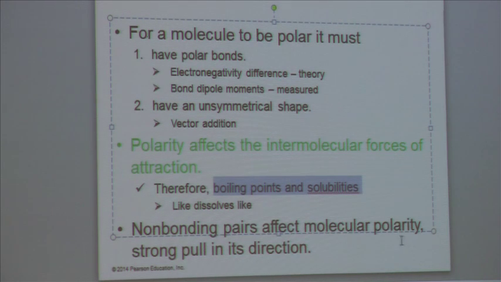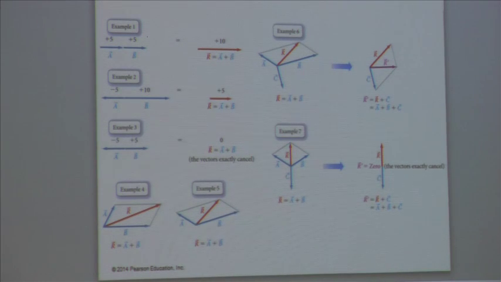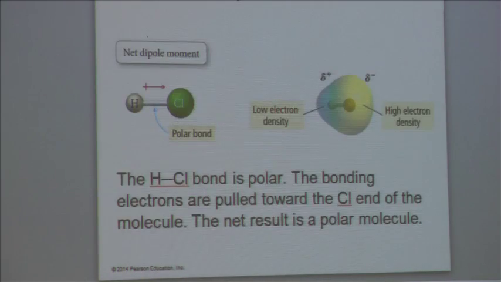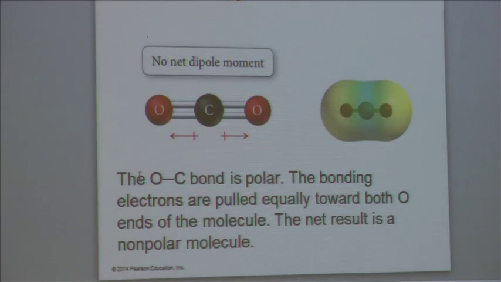Non-bonding pairs though affect molecular polarity, and they pull very, very strongly in this example where we have hydrogen and chlorine. Chlorine is more electronegative than hydrogen, so we designate that it's more polar and put the arrow there. So delta plus, low electron density, and delta minus, high electron density, designating chlorine as more electronegative.